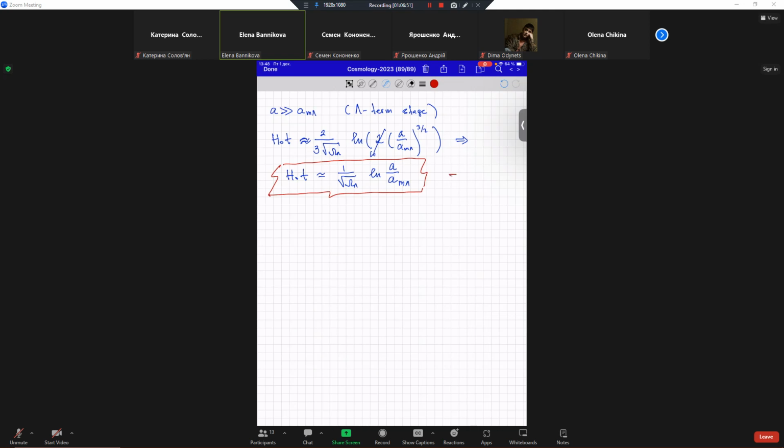And from this we can see that if we write the scale factor as a function of t, it will be a_mΛ, and since we have a logarithm, we will have the exponent of square root omega_Λ H0 t.